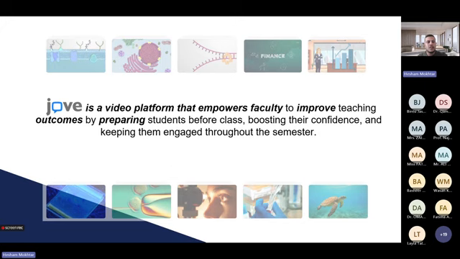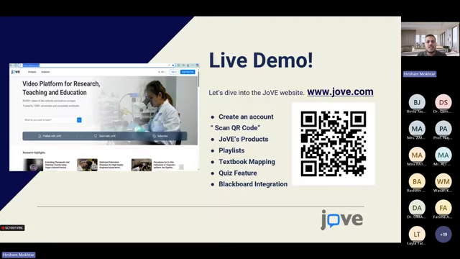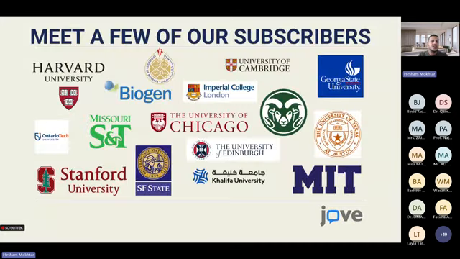JoVE started 20 years ago in California, in the USA, and now it has spread to over 1,800 institutions all over the world, including universities such as Harvard, Stanford, Cambridge, Chicago, MIT, and several others.